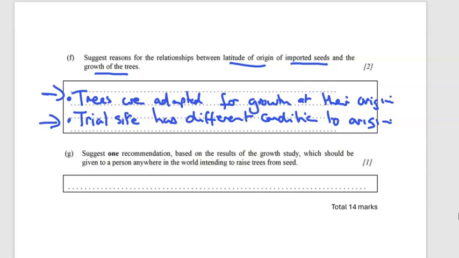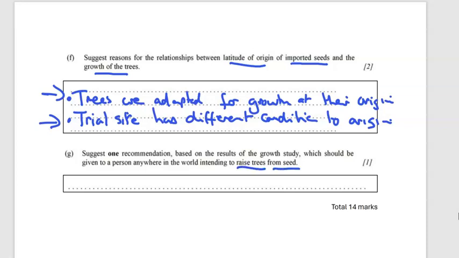Suggest one recommendation based on the results of the growth study, which should be used and given to a person anywhere in the world intended to raise trees from seed.